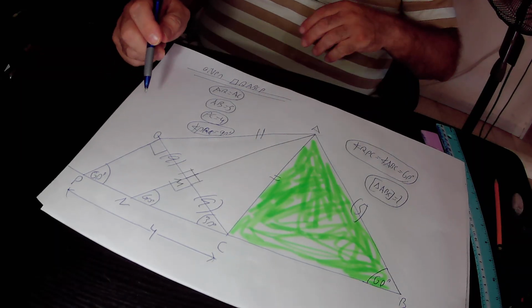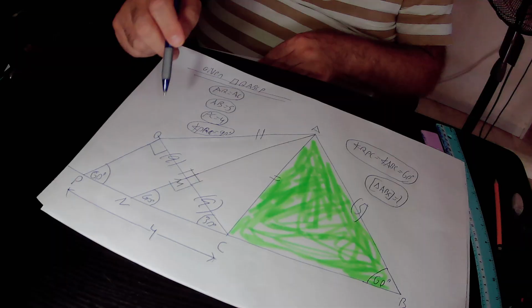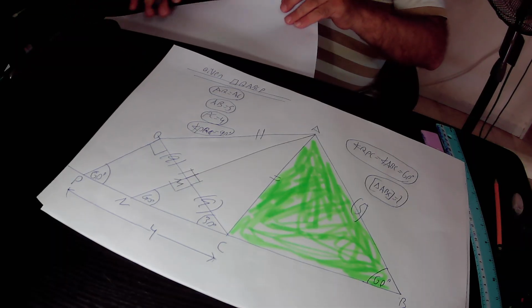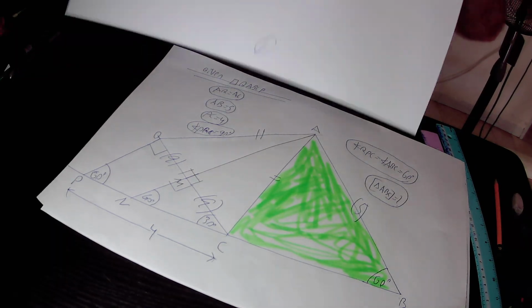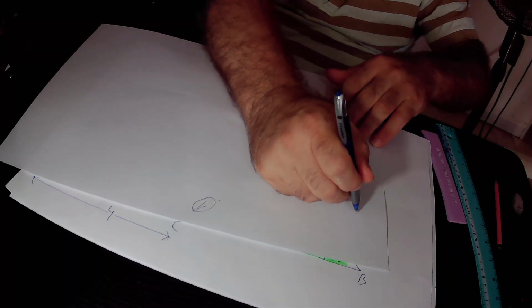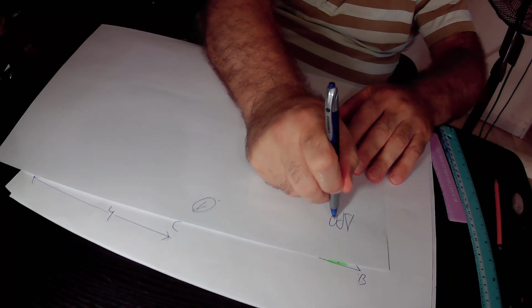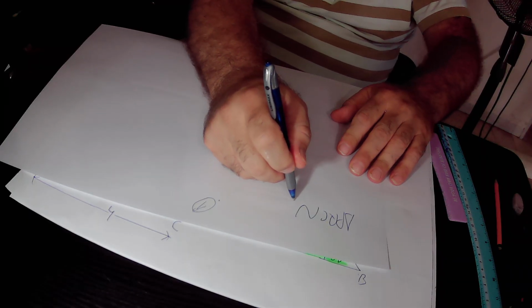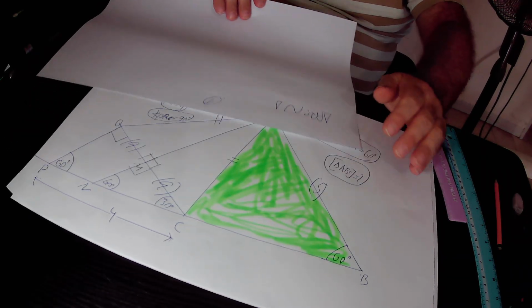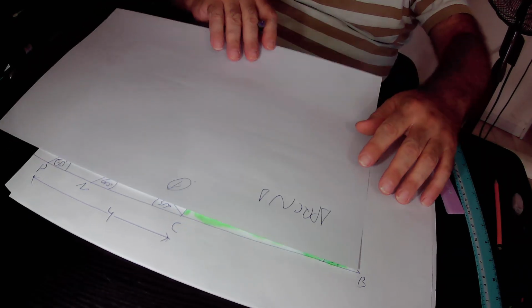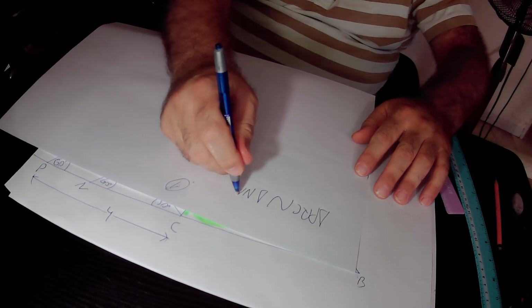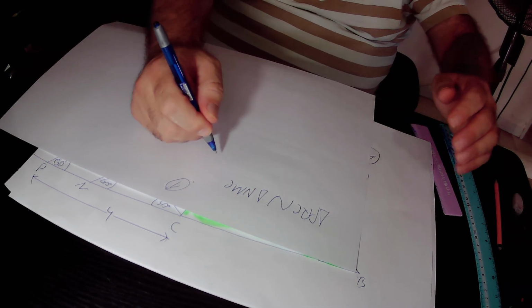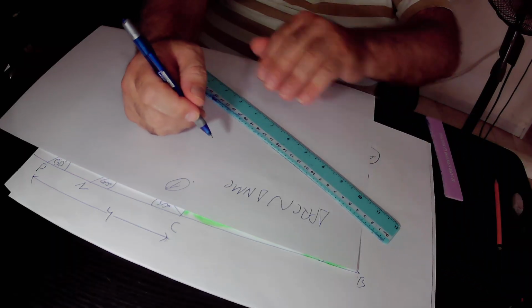We found out that the big right triangle PQC is similar, this is the sign of similar, to the small right triangle NMC according to angle similarity rule.